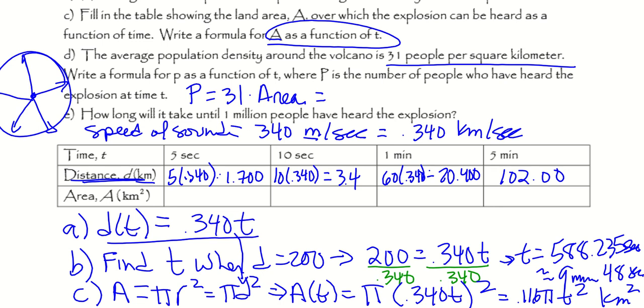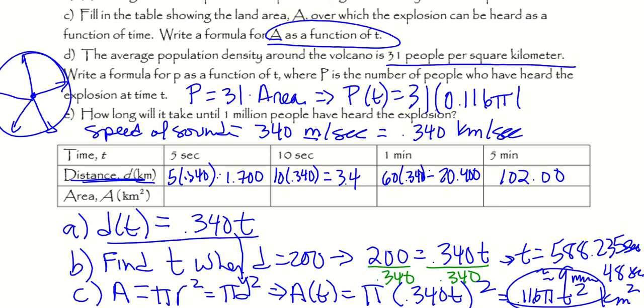So P in terms of T will equal 31 times my area in terms of T, which was 0.116 pi times T squared. If we multiply these two numbers together, then we get 3.584 pi times t squared. It's a decimal point there.